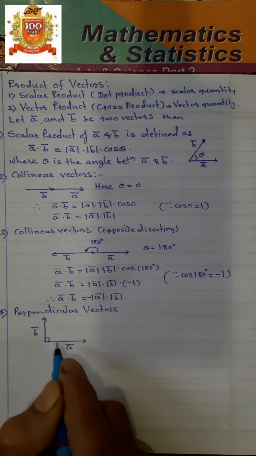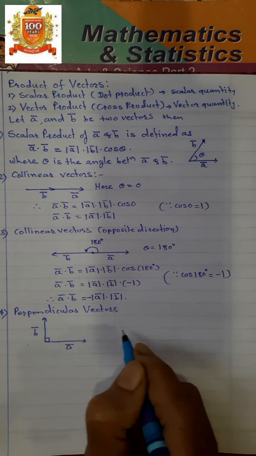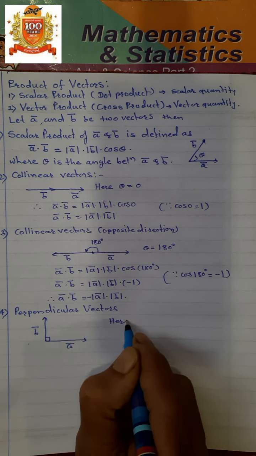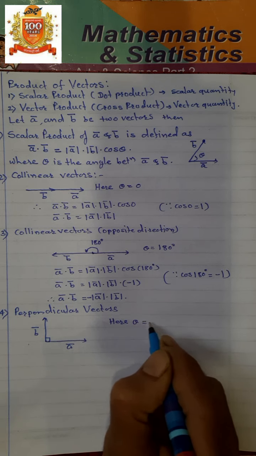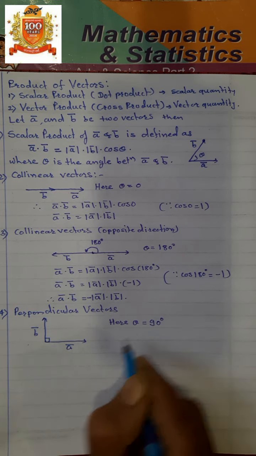Angle between these two vectors is, here theta is equal to 90 degree.